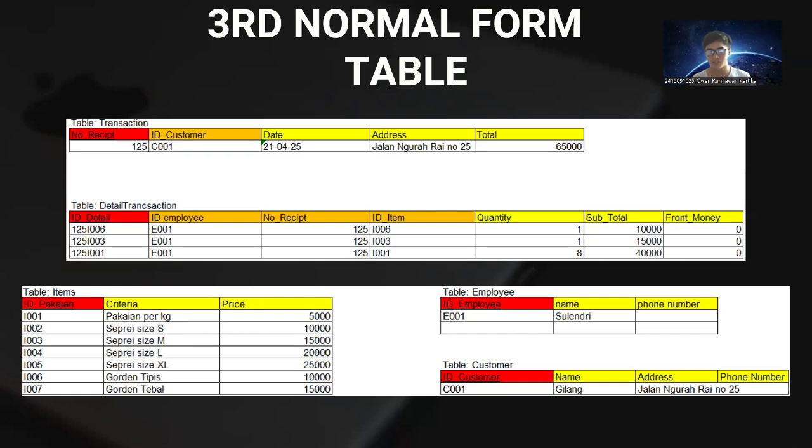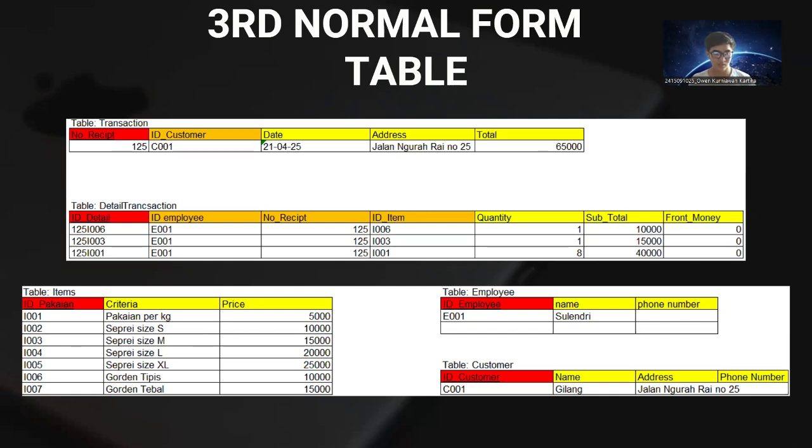They just call the customer ID, that is C001. How about the employee? We applied the same. Here we use the employee that is the owner, Miss Sulandri, who will be employee E001. And here we also specify the items again.